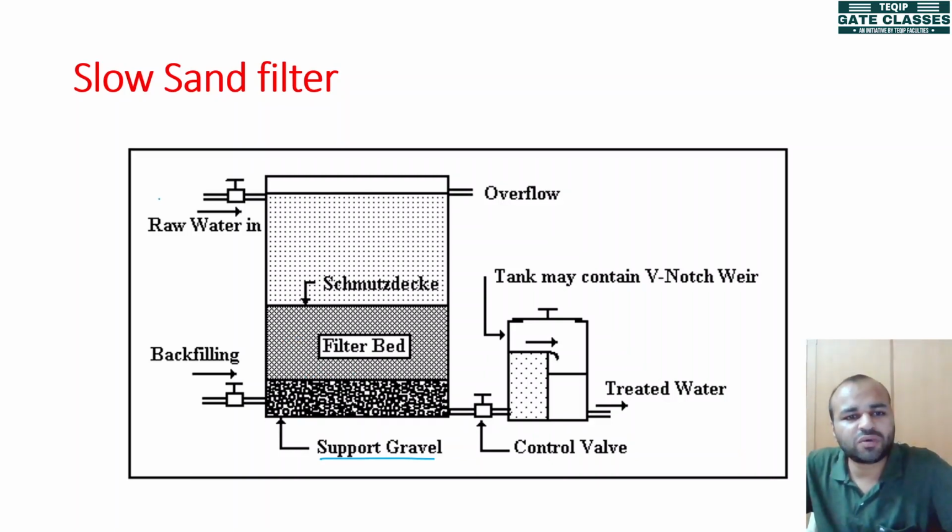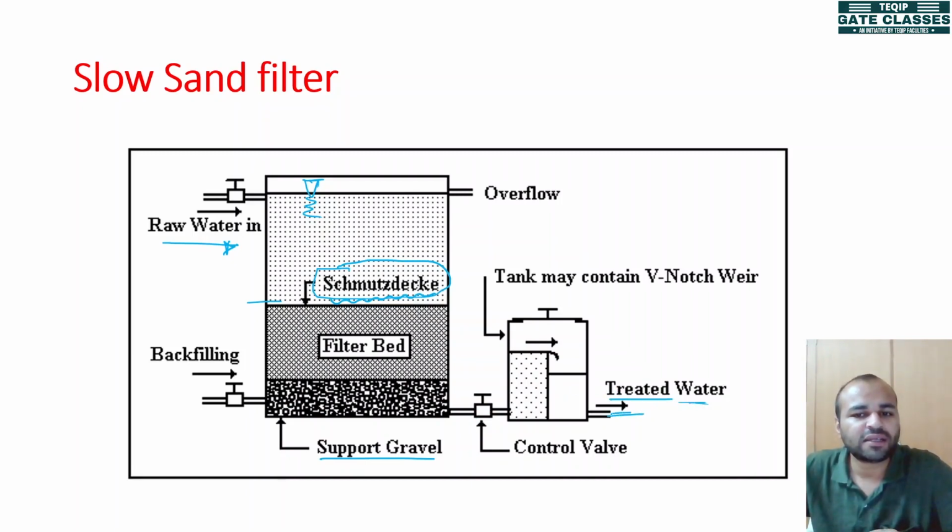As we allow the flow of raw water from the inlet, the water fills here, and as the water starts flowing through this filter bed, there is a growth of the layer known as Schmutzdecke. I have explained it already. Once we have developed a sufficient amount of this layer of Schmutzdecke, we start the flow to the next process towards treated water.